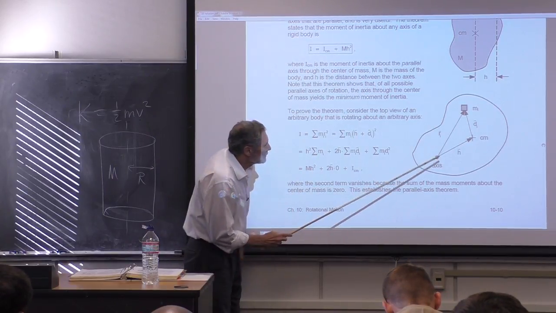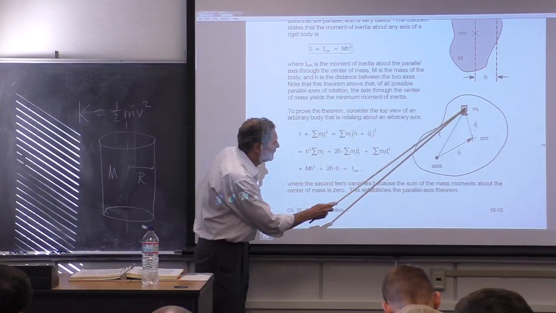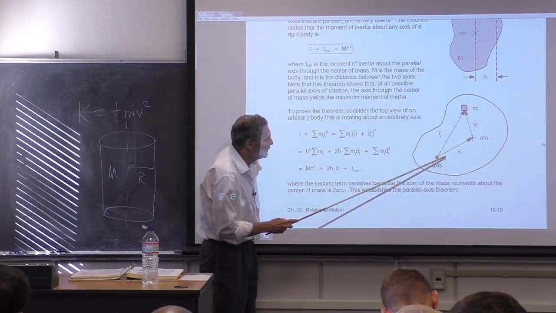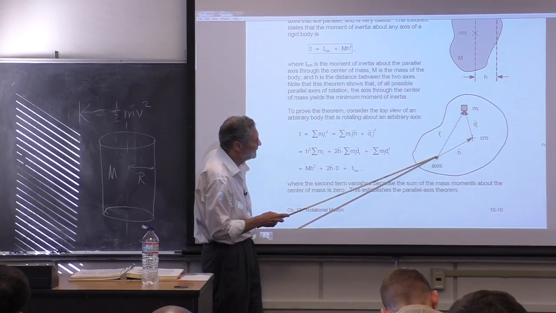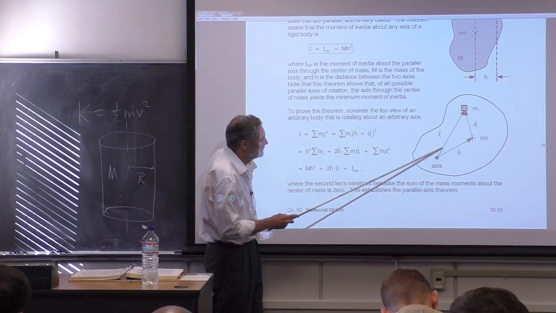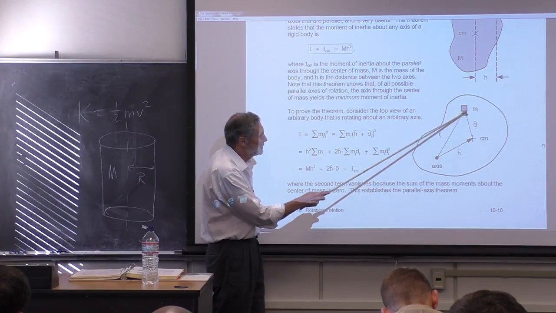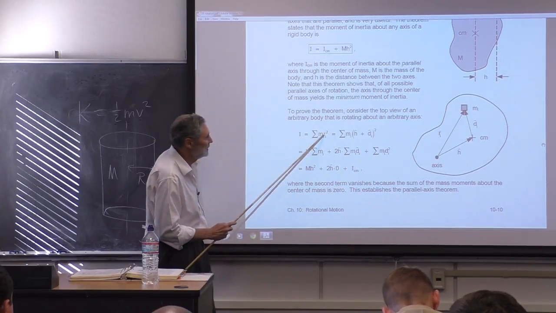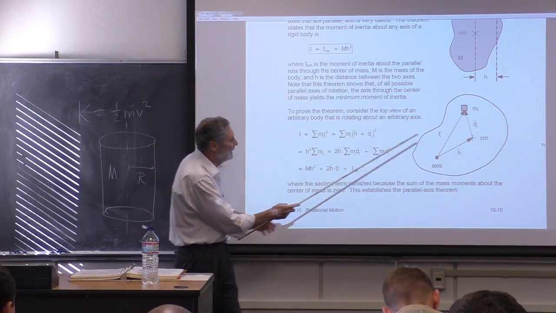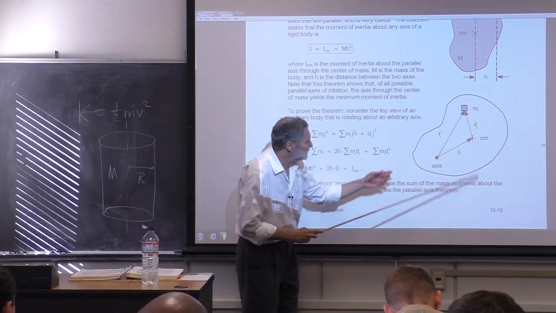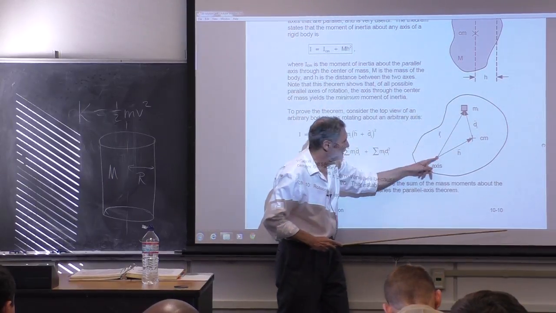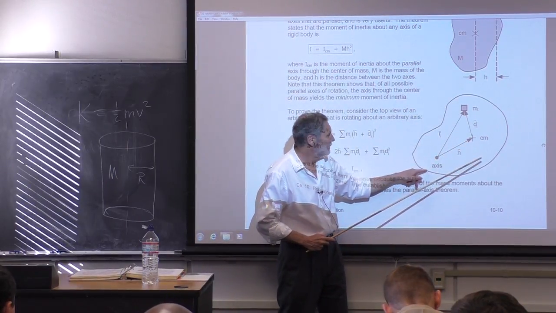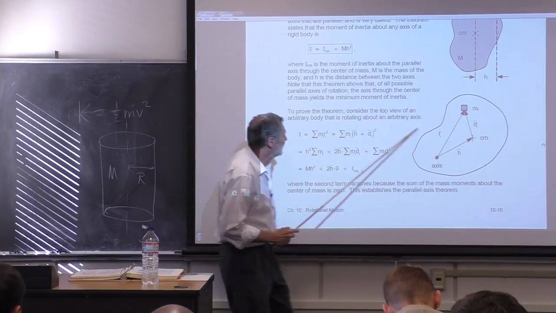Now, the trick here is this is the relevant distance for this little m_i. We want to represent each little r_i vector as the vector to the center of mass plus this one. That's the trick. So we get rid of the r vector in terms of h and d_i. Now h doesn't depend upon the mass element; it's just this fixed vector from our axis to the center of mass.